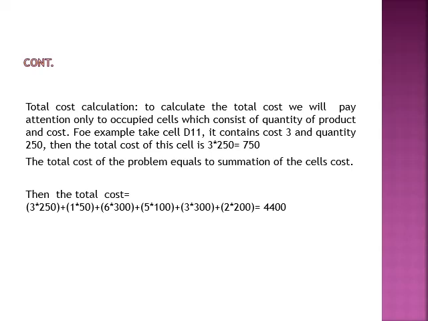Then the total cost equals 3 times 250, plus 1 times 50, which represents the first row, 50 for D2, where 1 is the cost of transportation of 1 unit from S1 to D2, plus 6 times 300, plus 5 times 100, plus 3 times 300, and 2 times 200.